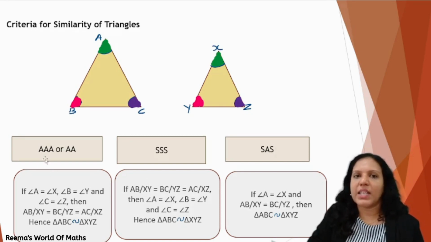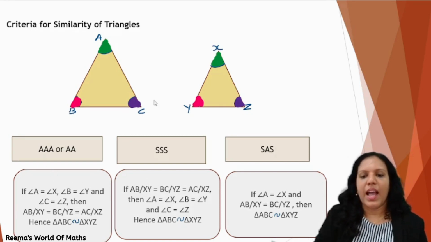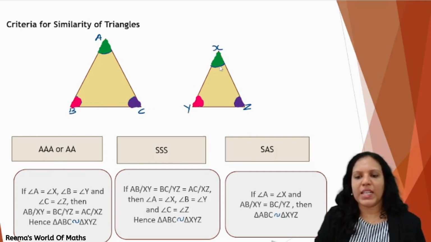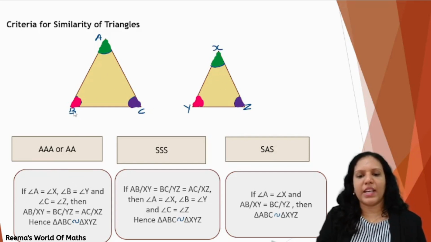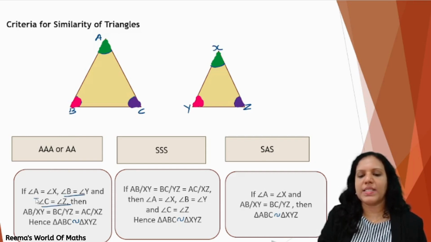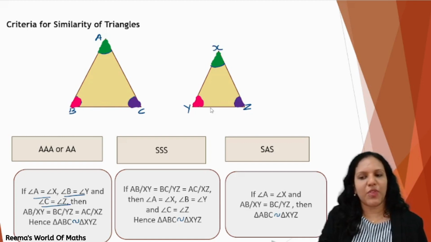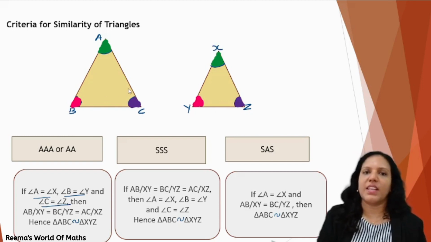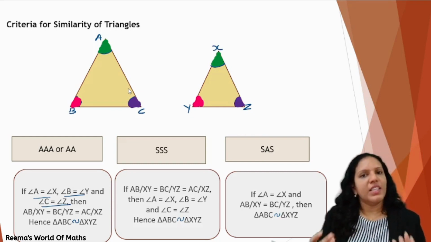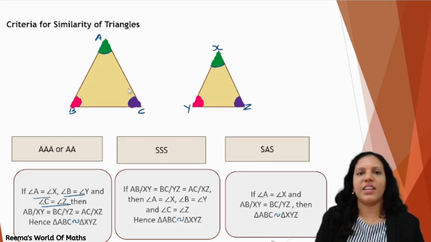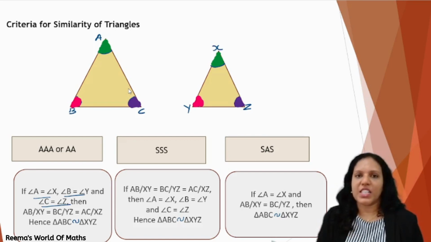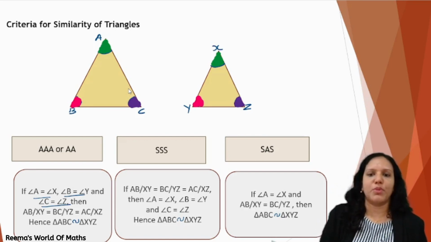So as per the AAA theorem, if angle A equals angle X, angle B equals angle Y and angle C equals angle Z, then AB divided by XY equals BC by YZ. All the corresponding sides are in proportion. If the three angles of triangles are equal, then as per the angle criterion, the corresponding sides will also be in proportion.